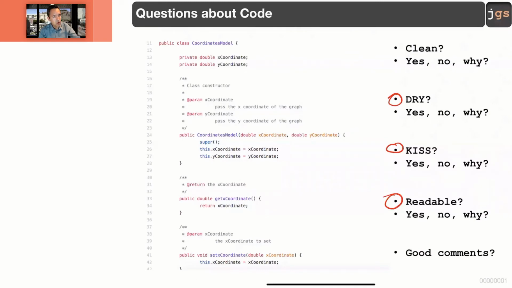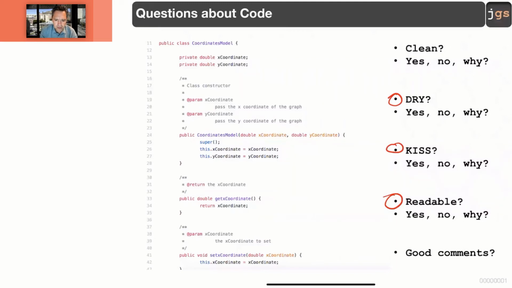We talked about clean coding: keep it simple, do not repeat yourself, and follow the readability rules. Readability means at least following the rules for the language, the rules for the names, the rules for the indentation and things like that. So three things to review.